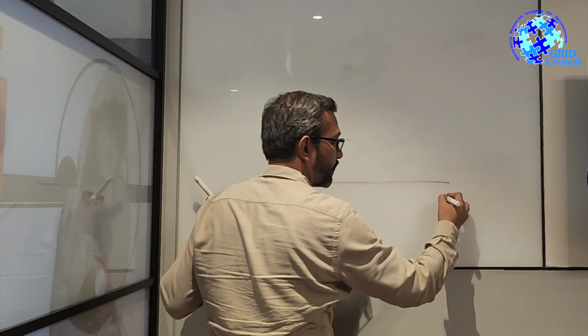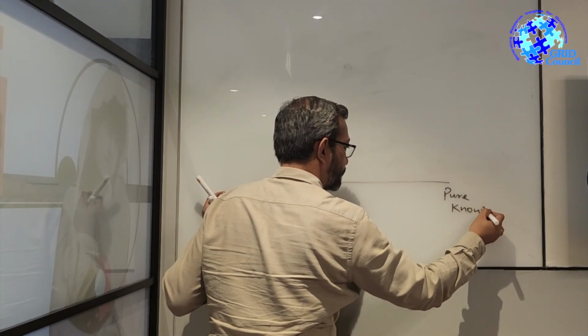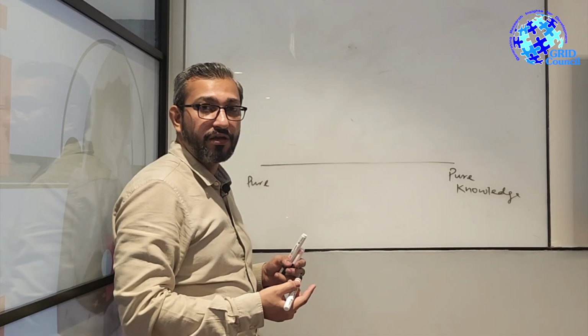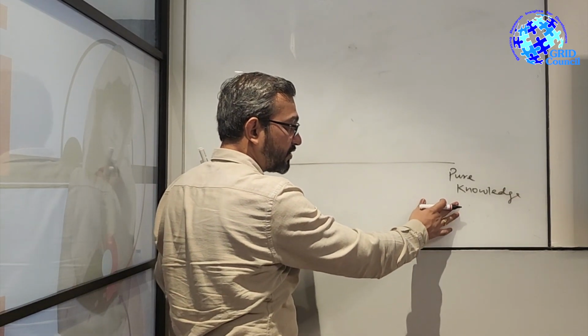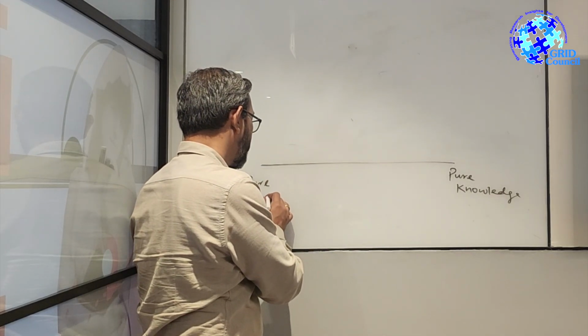One is pure knowledge. Another is, for example, we are plotting again the purpose of research on a plane. So it's a pure knowledge generating research or it's a pure application oriented research.